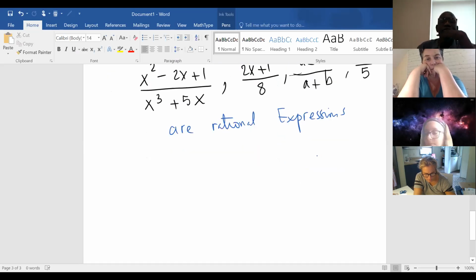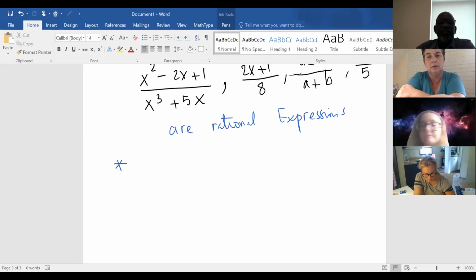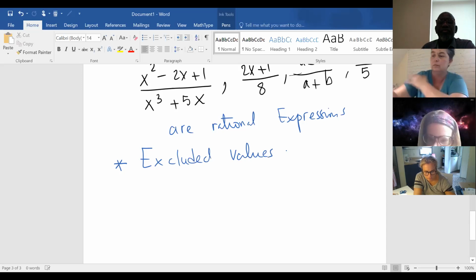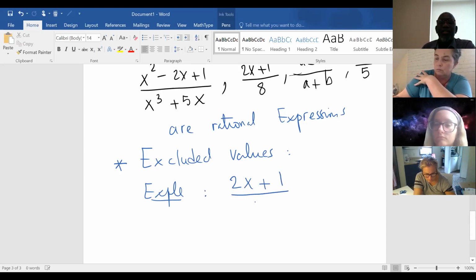Okay, so now let's say, for instance, we have this example, for excluded values. We have the expression 2x plus 1 divided by x minus 3.